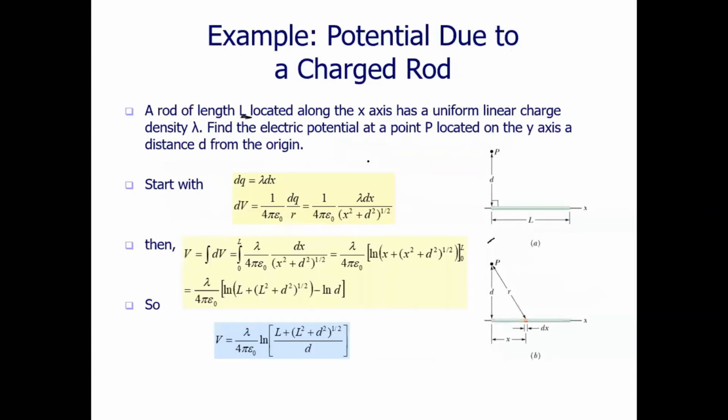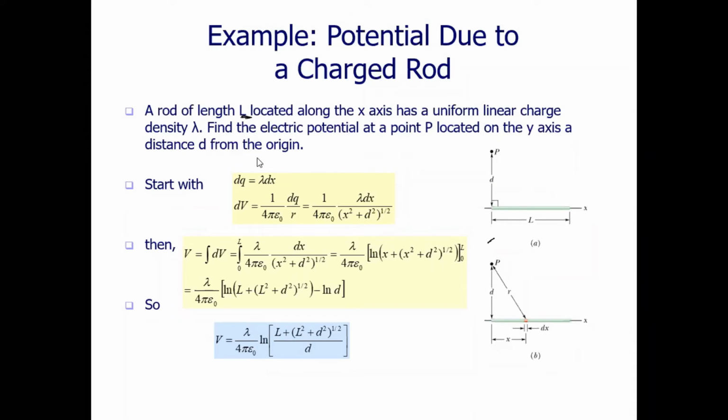So we're trying to look at an example where we have a rod of length L, lying along the x-axis, with a uniform charge distribution of lambda. The question says to find the electric potential at a point P located on the y-axis at a distance d from the origin.